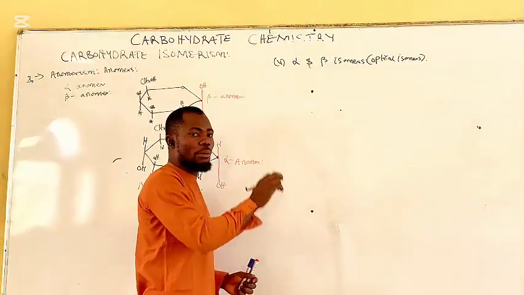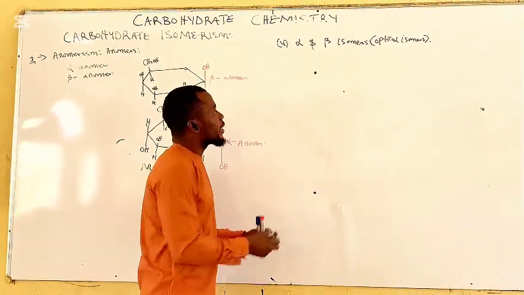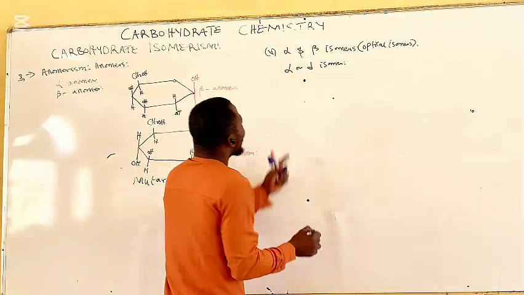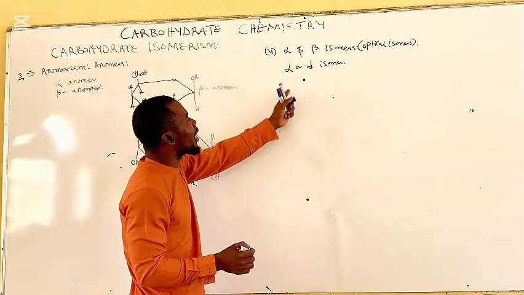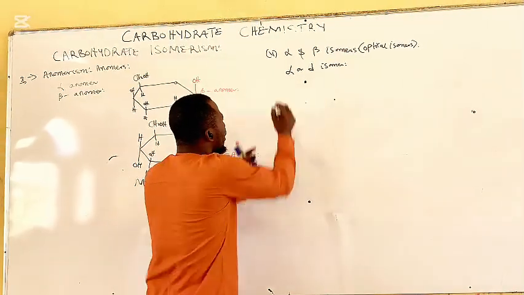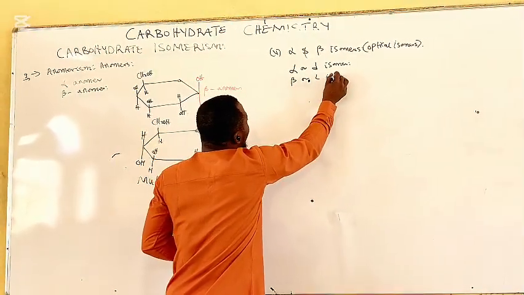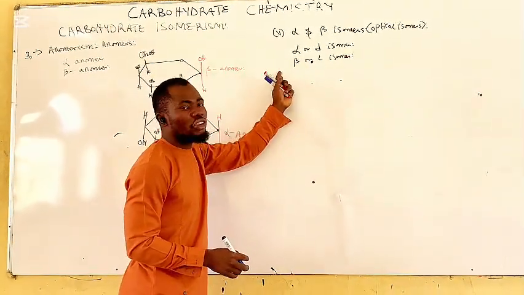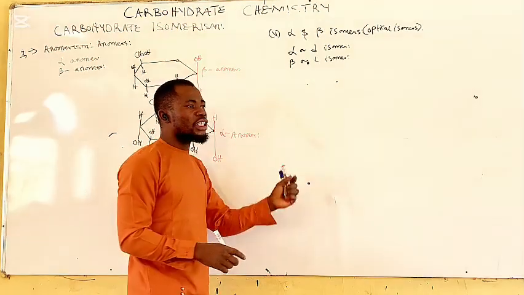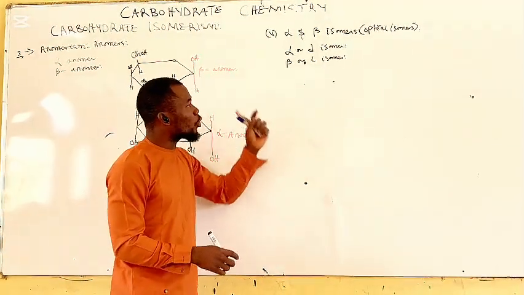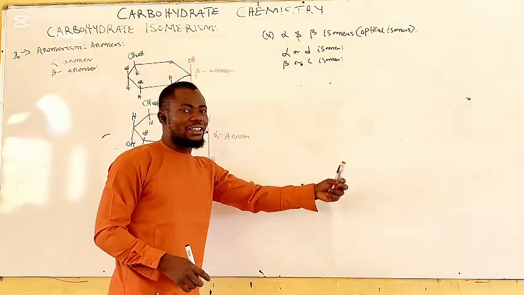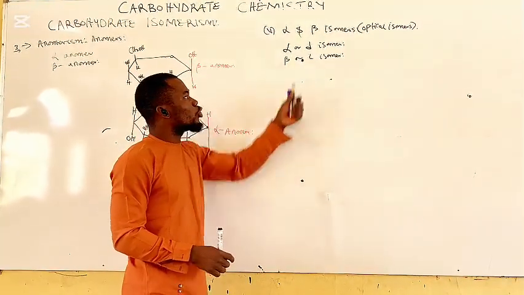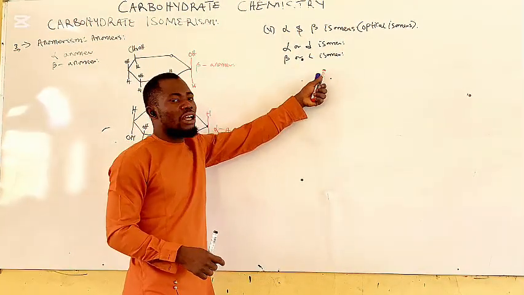The isomer that rotates plane polarized light to the right is the alpha or D isomer, whereas the one that rotates plane polarized light to the left is the beta or L isomer. So they have the same molecular formula and structural formula, but they only differ in rotating plane polarized light.